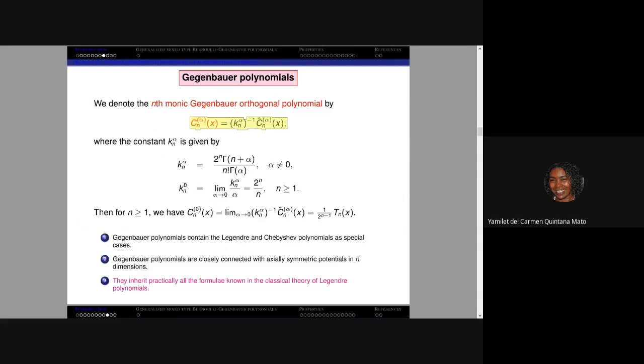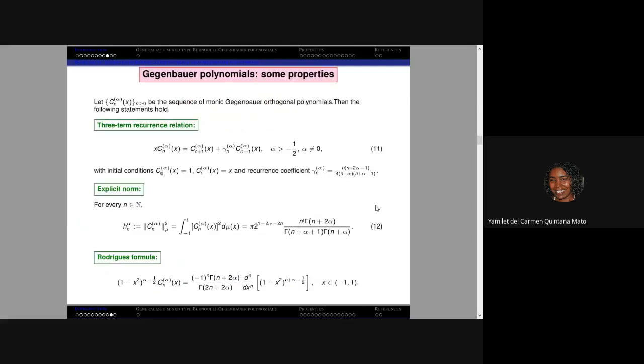Gegenbauer polynomials are closely connected with axially symmetric potentials in n dimensions, with applications. And these polynomials inherit almost all the formulas known in the classical theory of Legendre polynomials.